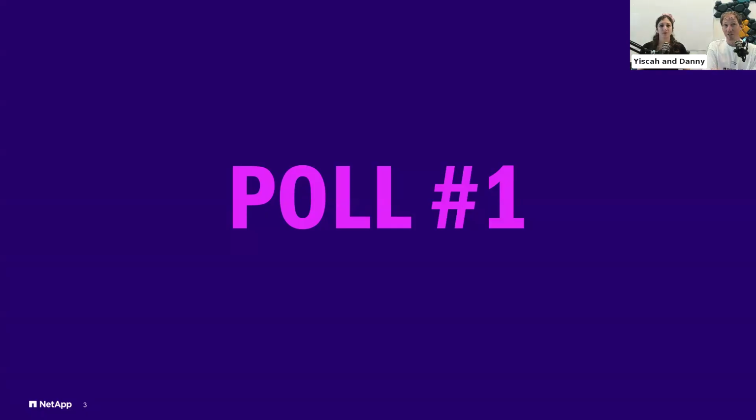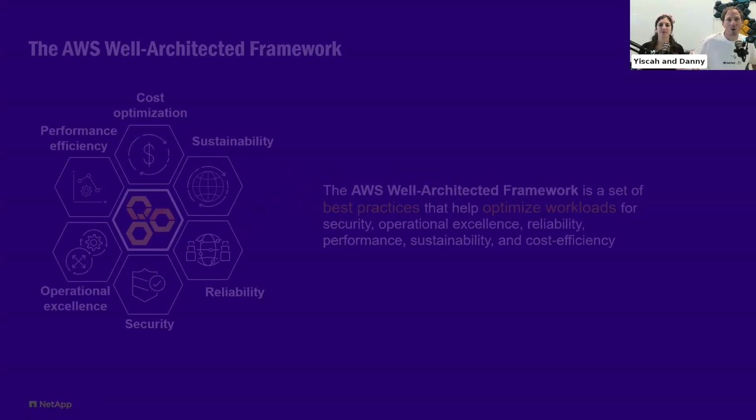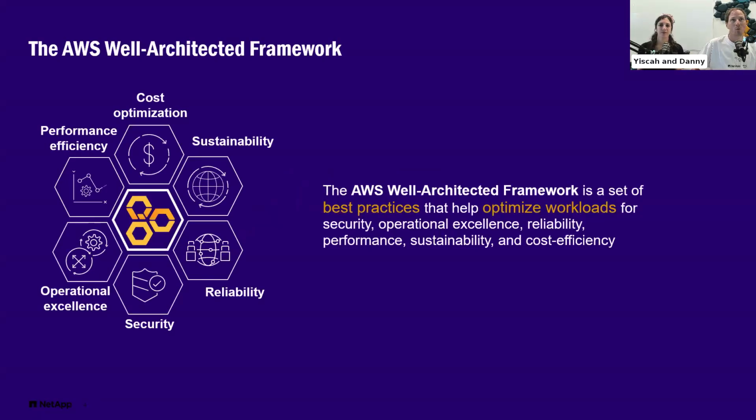So for the benefit of those who heard about it and those who are not familiar, let's have a quick refresher on what the Well-Architected Framework is. It is an AWS framework, and the idea is to codify a set of best practices on how to create applications on AWS in the best secure, performant way with operational excellence, reliability, etc. No matter what you do, as long as you do it in AWS, you've got general guidelines on how to do it.